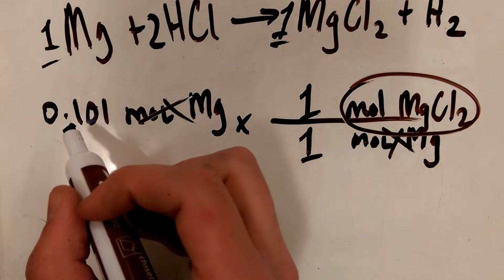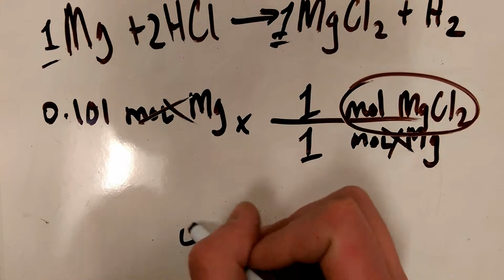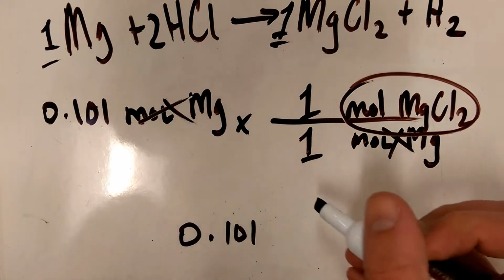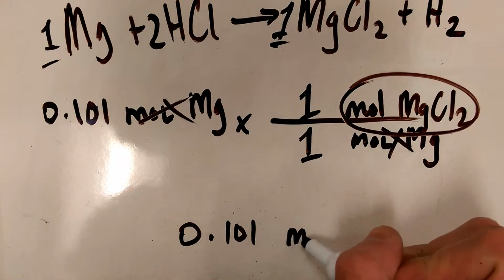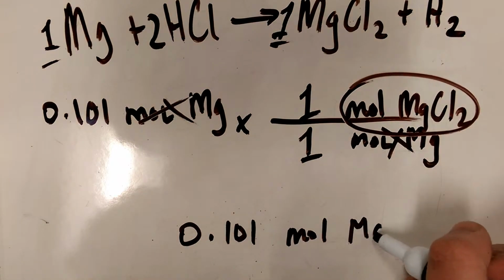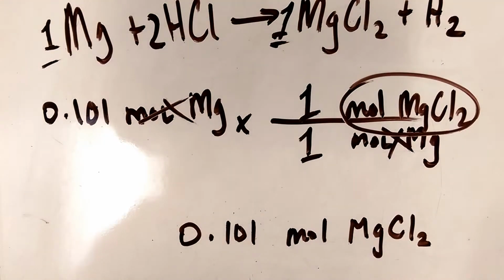So when we're all said and done, 0.101 multiplied by 1 divided by 1, I ended up with 0.101, but now our unit is moles of magnesium chloride. That number is how many moles of magnesium chloride we're going to create with this reaction. So we can put it into our BCA table.